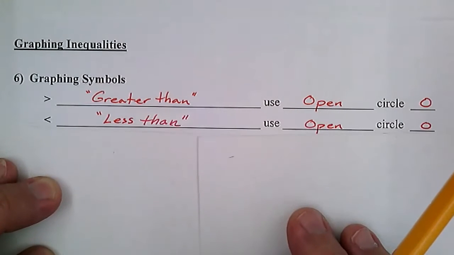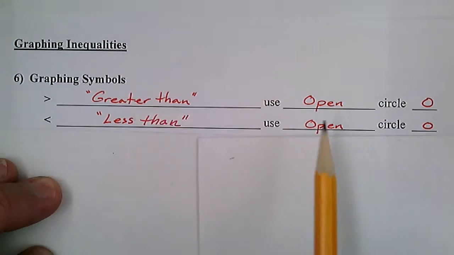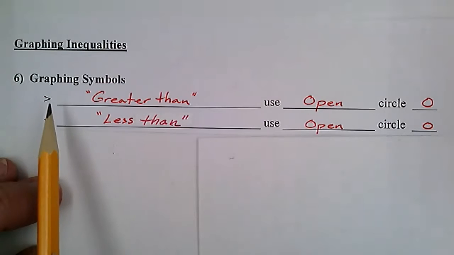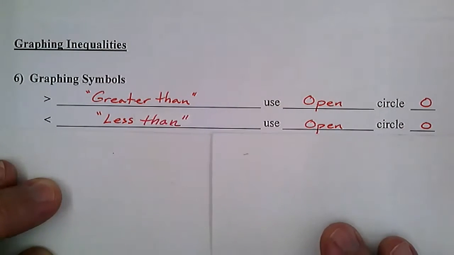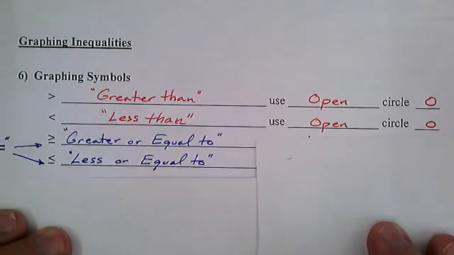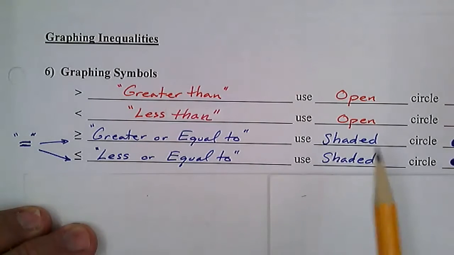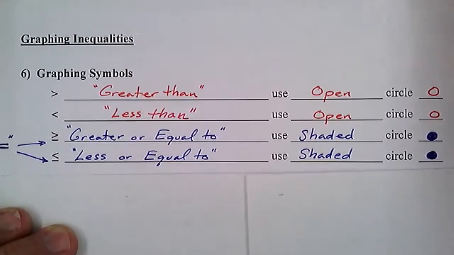If we have a less than, we also want to use an open circle. But as soon as we put that little equal sign underneath either one of these, then we're going to use shaded circles. We're going to shade our circle. A shaded circle will look like that.